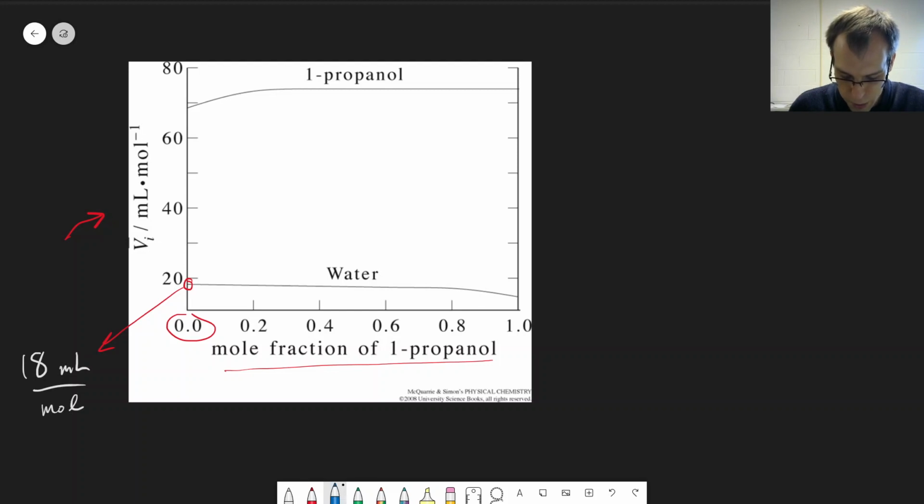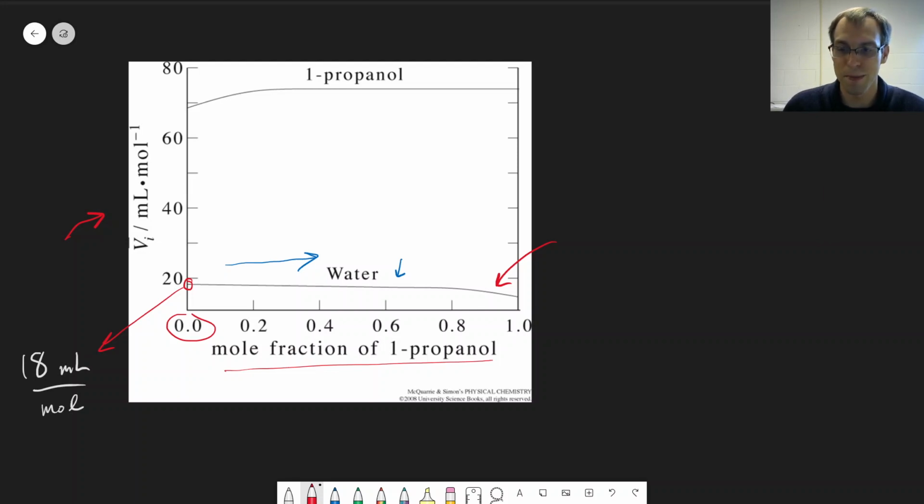But as we move further to the right, we're now changing the mixture we're looking at. We're now looking at more and more 1-propanol being added to our water. And we see interesting behavior. Now, you can see a slight dip, so that value is decreasing as we go, but especially when there's not very much water present, we get a very significant change from that 18 milliliters per mole value.